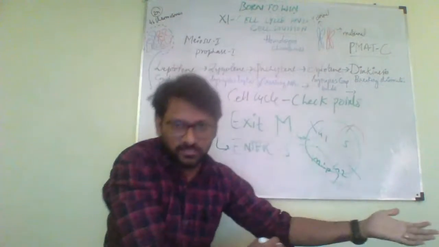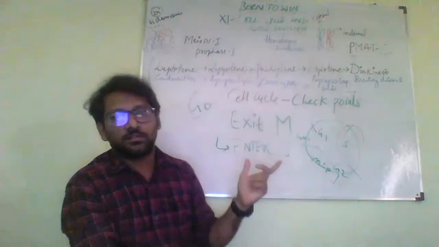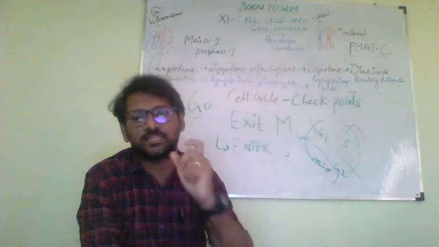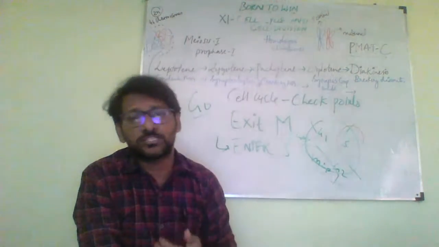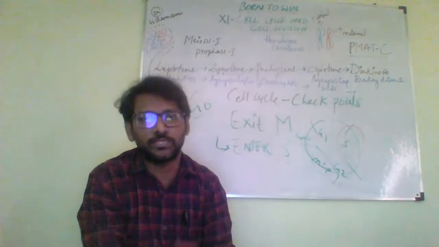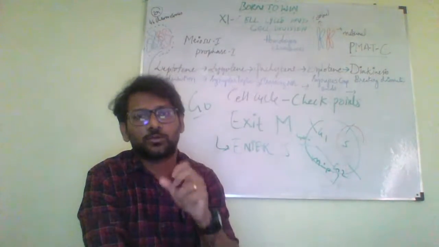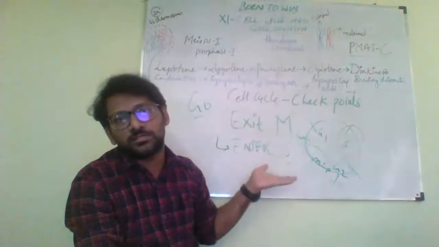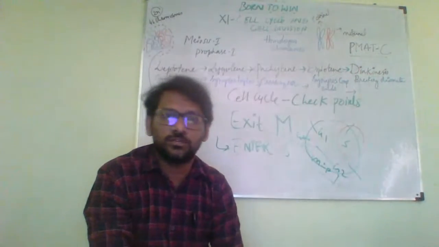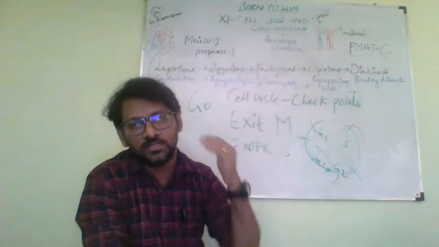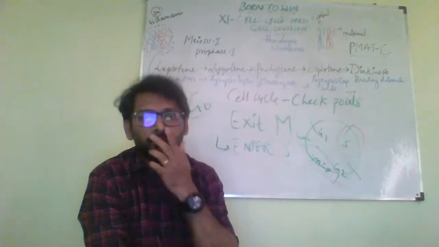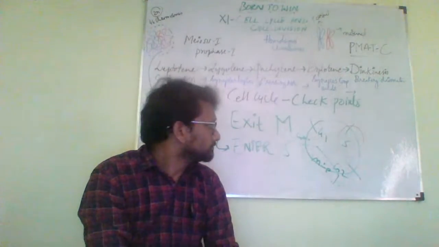So that is one of the checkpoints, where the nutritional status of the cell would be thoroughly checked and even the integrity of the DNA would be checked, right? So these are the important aspects that occur during this enter S phase, and only if everything is fine, then it will enter into the S phase. But once the S phase starts, until it finishes the S phase, it will keep going. Clear?